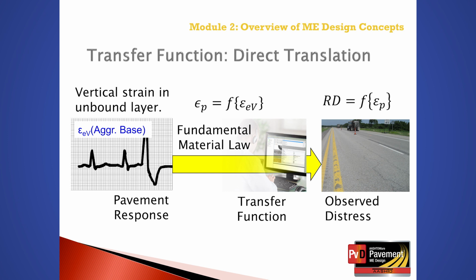The rut depth, defined as RD, is calculated from the plastic strain in the aggregate base. The fundamental material law, combined with the plastic strain translated to rut depth, is the transfer function.